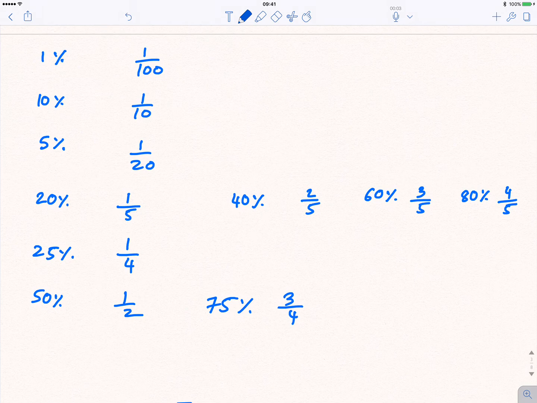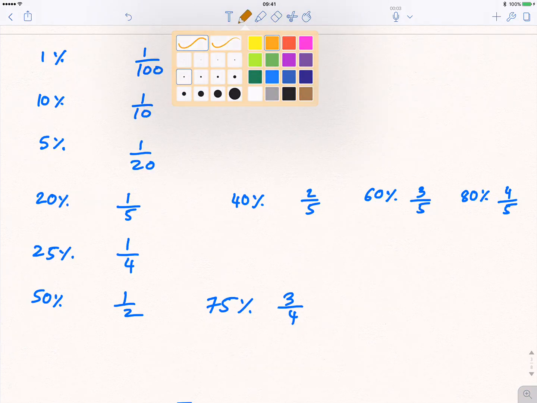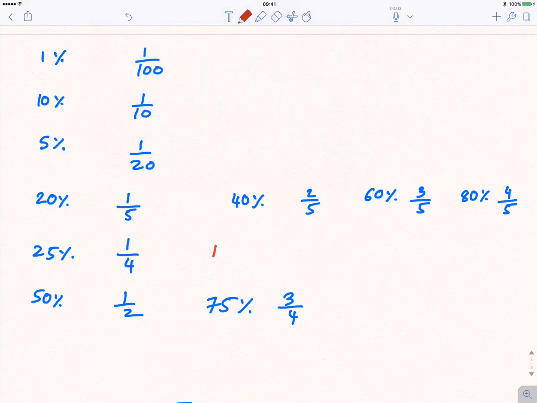And what else? Have I missed anything? All right, yep, I just remembered now. We need to know a third, which is 33.3% recurring. And we should know that 2/3 is 66.6% recurring.